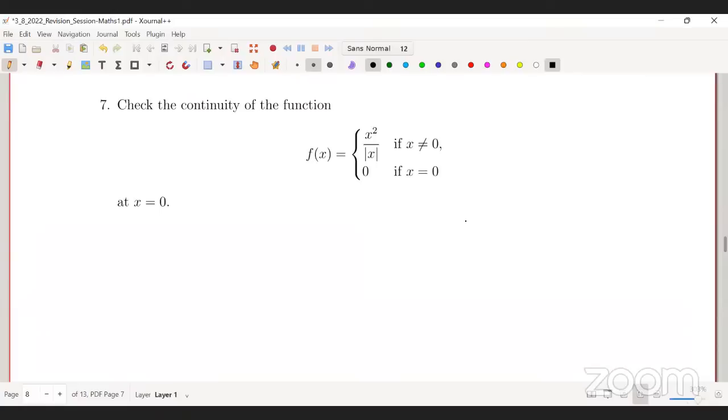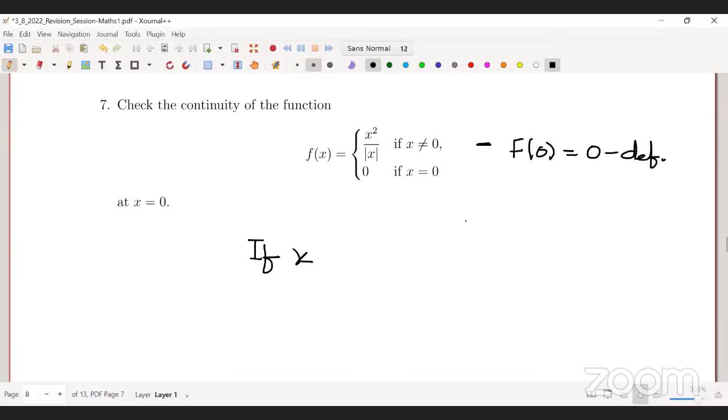We'll check whether this function is continuous. The first step is to check whether it is defined. f of 0 is defined, which is 0. So the next thing is to compute the limit of this function at x equal to 0.